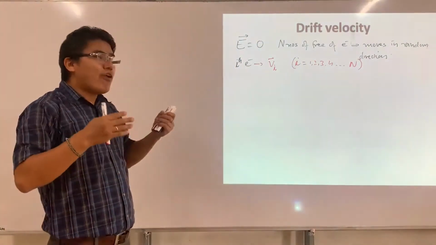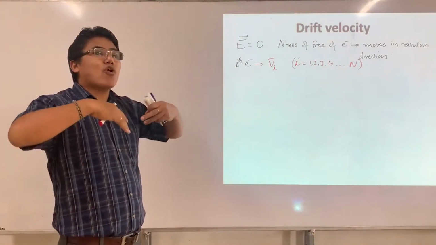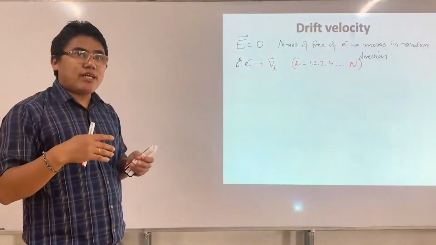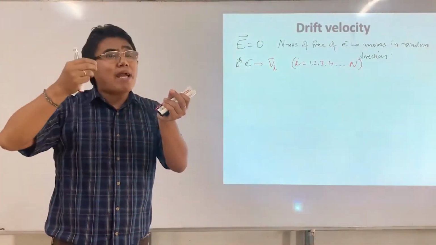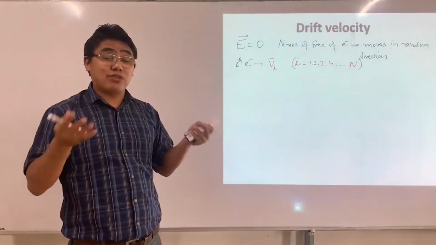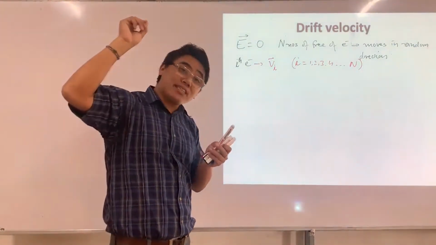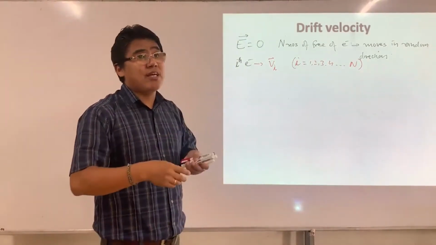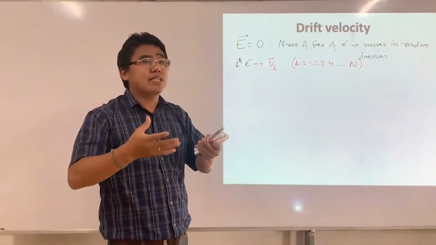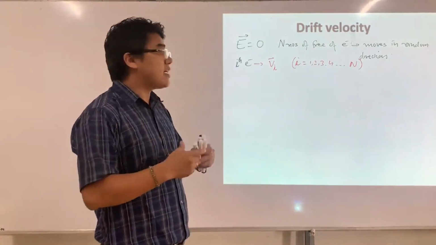Now if I don't apply an electric field, the electrons move in random directions. An electron hits ions and then comes back with the same velocity but in a random direction. Again, I am repeating: an electron undergoing a collision with the ions comes back with the same velocity but in a different, random direction.